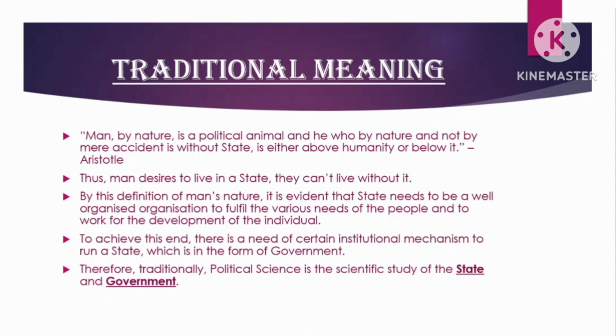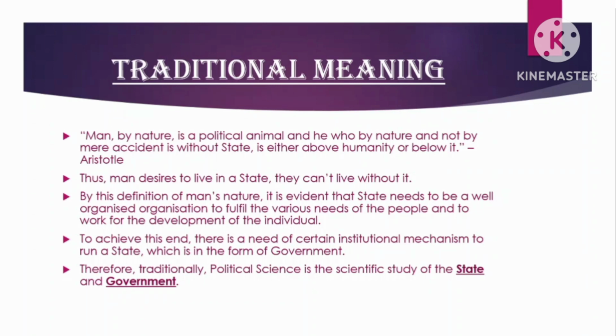And if a certain individual does not want to live in a state, that means he is either a god or a beast, because both gods and beasts, the animal kingdom, do not have any order, or the civil society and civilization that we are living in.